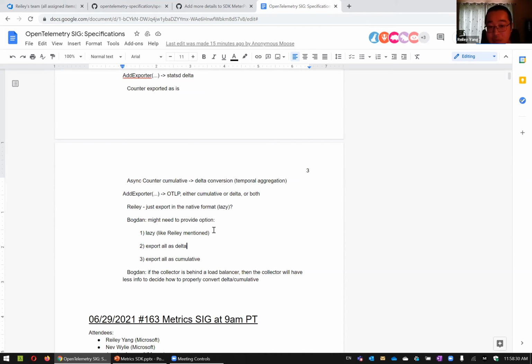So the earlier you can do that in the SDK, you will have much more information, so you can give the more accurate value. So the assertion here is, if you have to do the delta cumulative conversion due to whatever reason, then you should do that in the SDK or as early as possible. So that part got me convinced.